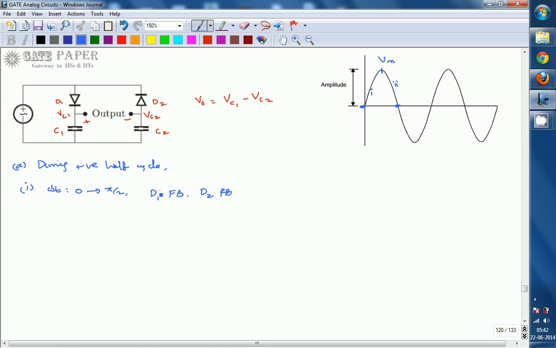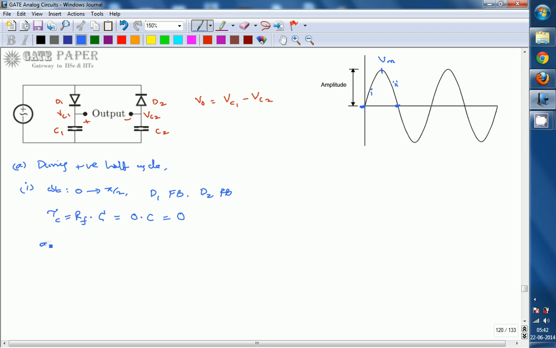The charging time constant tau is the product of R and C, where R is the forward resistance of the diode and C is the capacitance. For an ideal diode, forward resistance is 0, so 0 into something is 0. So within no time the capacitor charges, as soon as you apply the input signal.